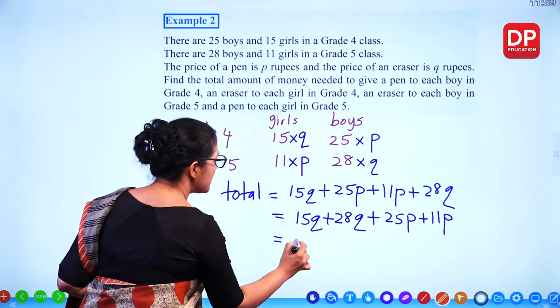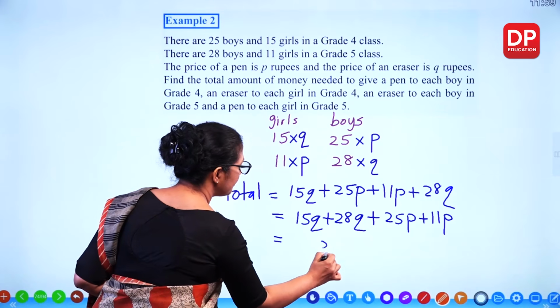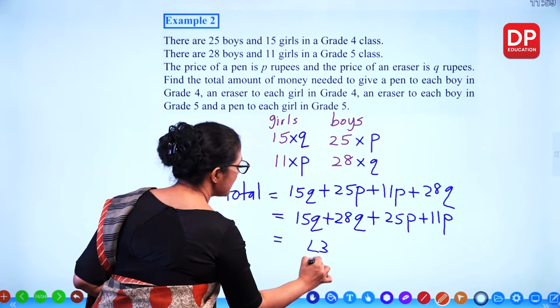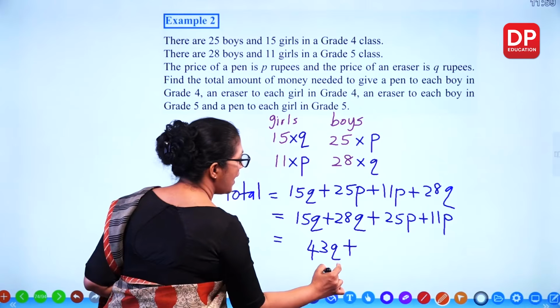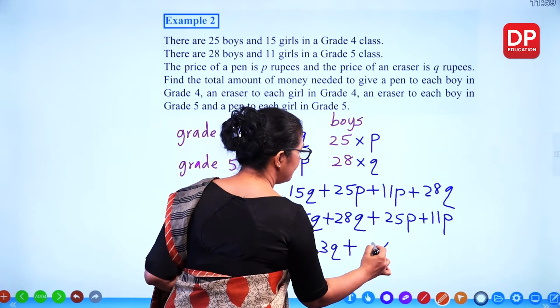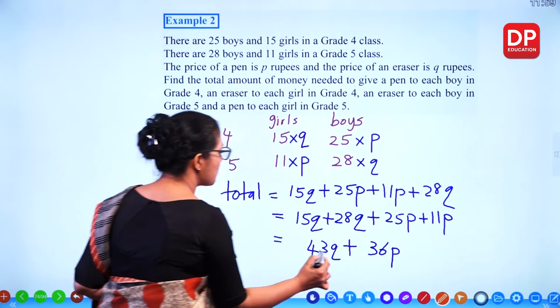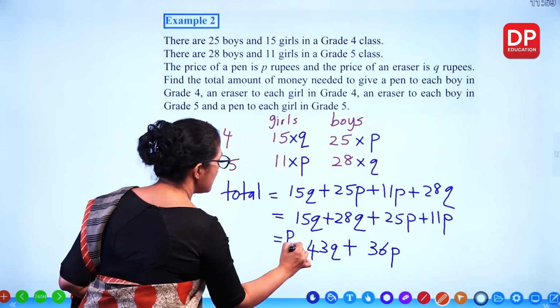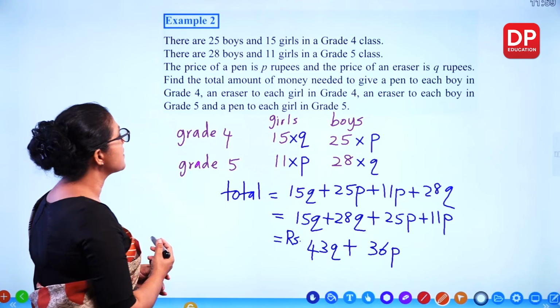So when you add it, 43Q, and here when you add it you get 36P. So that's the total price.